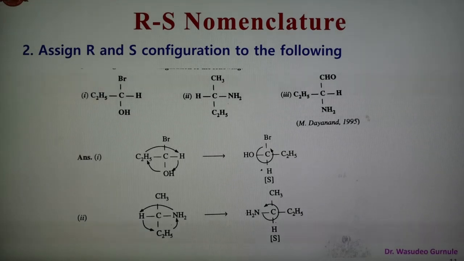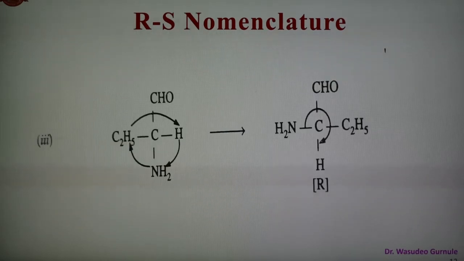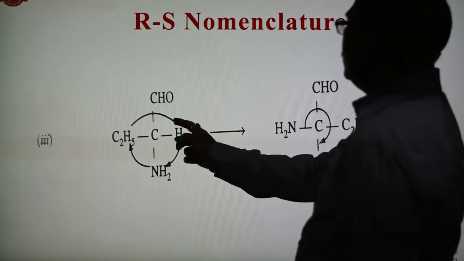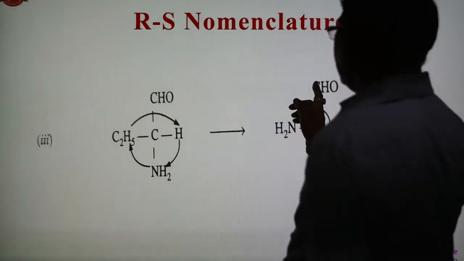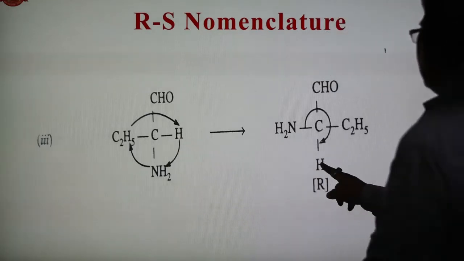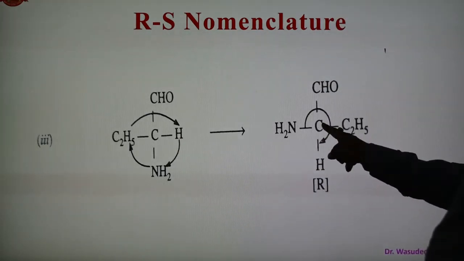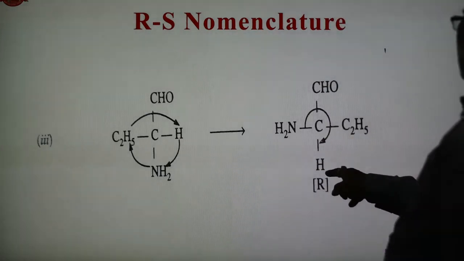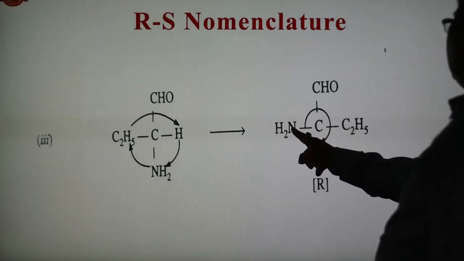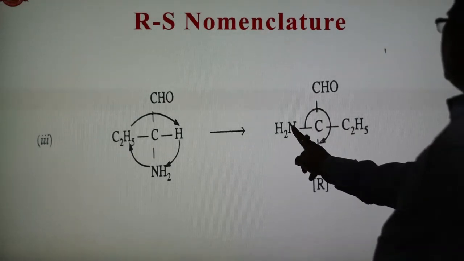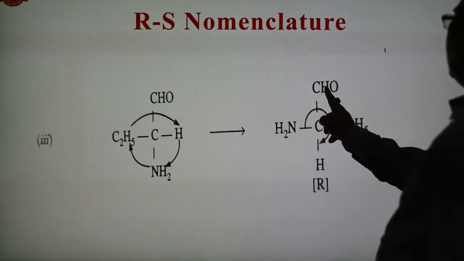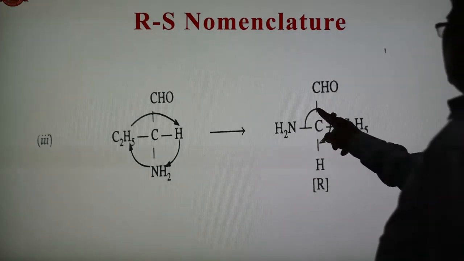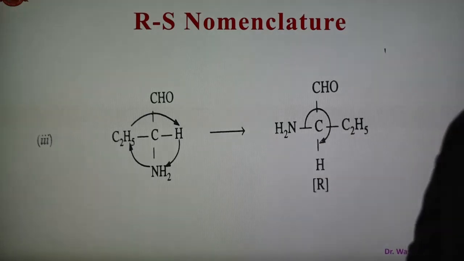So in this way, the third example is shown here, this is the third one, and this group is shifted here, and this CHO as it is, this is shifted here, H. Now in this case this is the asymmetric carbon atom, and here are the 2 carbons, but nitrogen is 1, this is second because this carbon is attached to oxygen and hydrogen, so 1, 2, and this is 3.